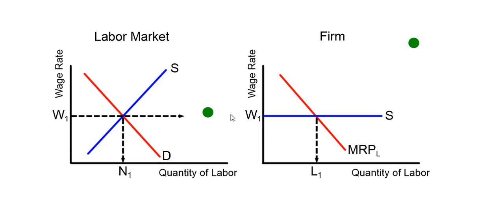So if we look at the market here, we can see a typical supply and demand curve for labor in the market, where the wage rate is on the vertical axis and the quantity of labor is on the horizontal axis. And it's basically where the market labor supply and demand equilibrium is.